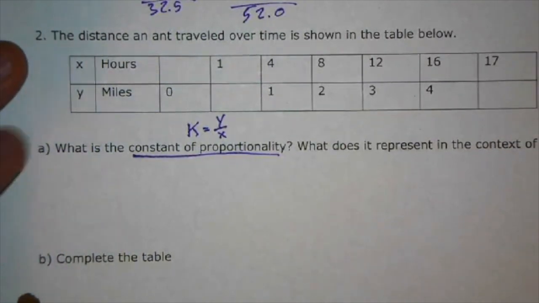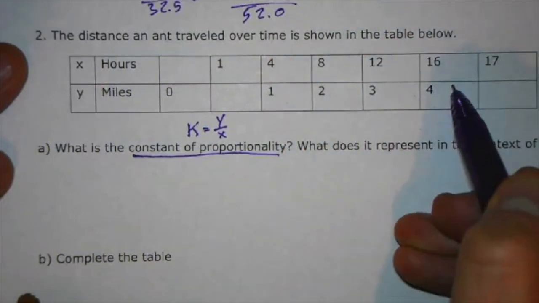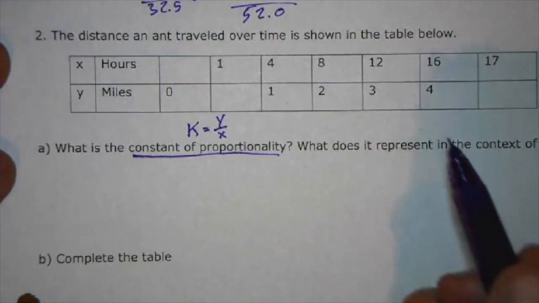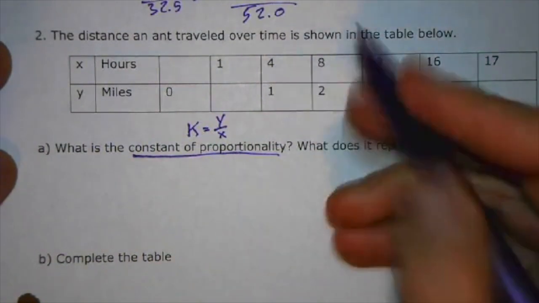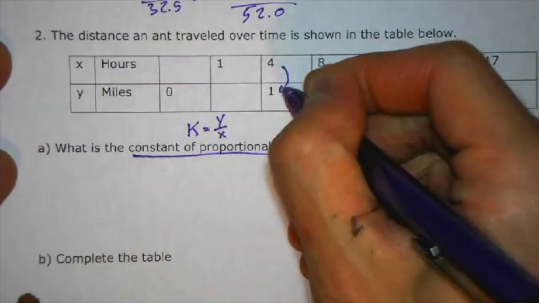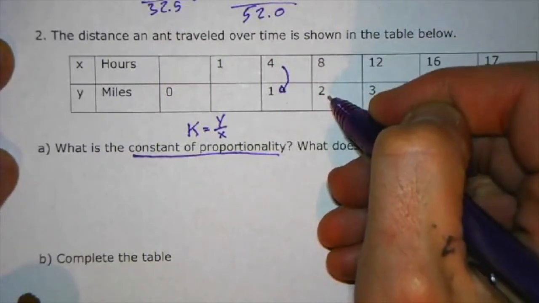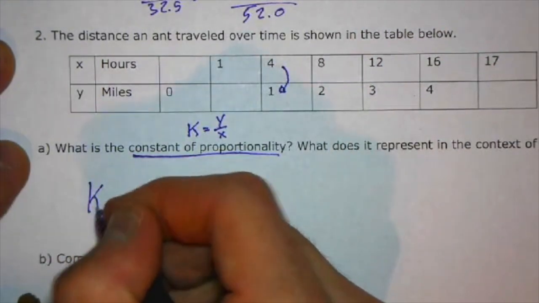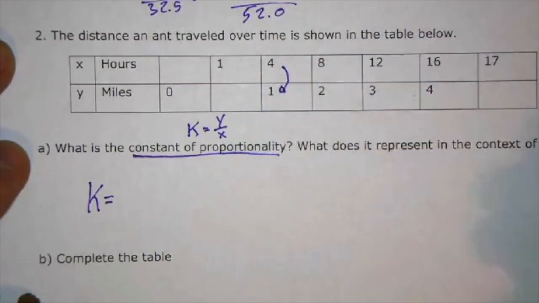Now be very careful when you see a problem like this, because right away a number jumps out at you when you're looking at these pairs. And you're probably thinking 4, which is great. But the constant of proportionality is not 4, because 4 times 4 doesn't equal 1, it's 16. 8 times 4 doesn't equal 2, it's 32. So to find the constant of proportionality, we're going to take any y and any x and plug it in.